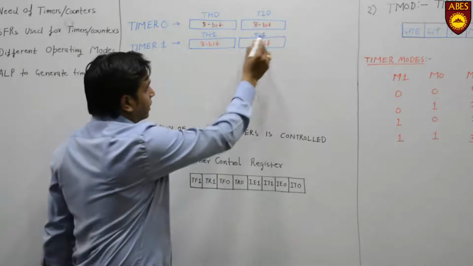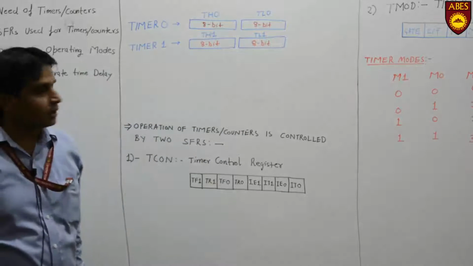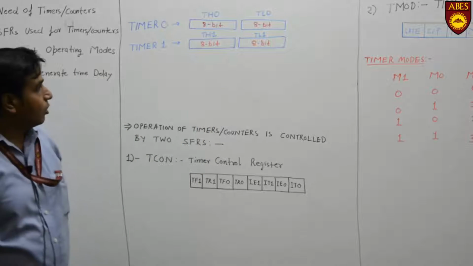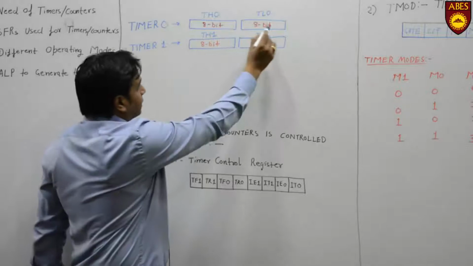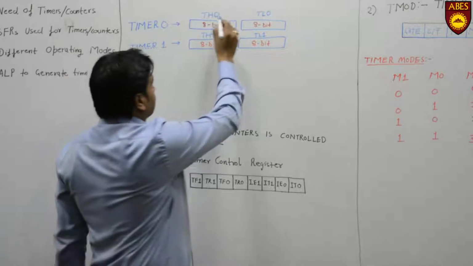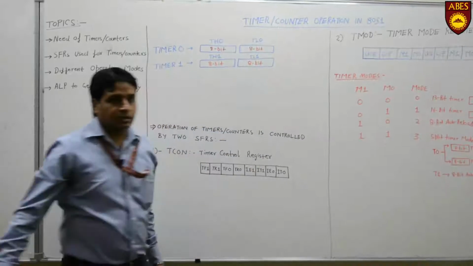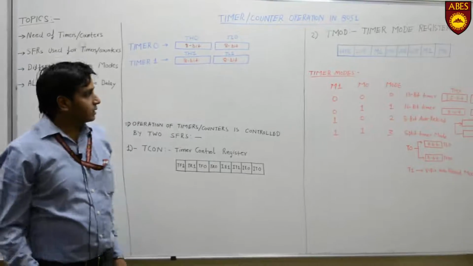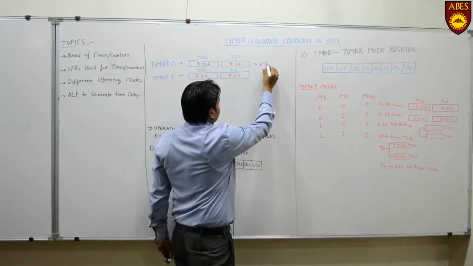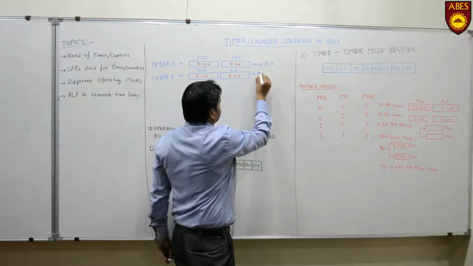Similarly, TL1 stands for the lower order byte for timer 1, and TH1 stands for the higher order byte for timer 1. Although all these registers are of 8-bit size, we can combine two registers together to make a 16-bit register, and we can say that both these timers, timer 0 and timer 1, are of 16-bit size.